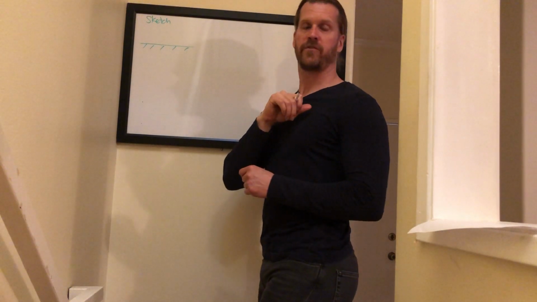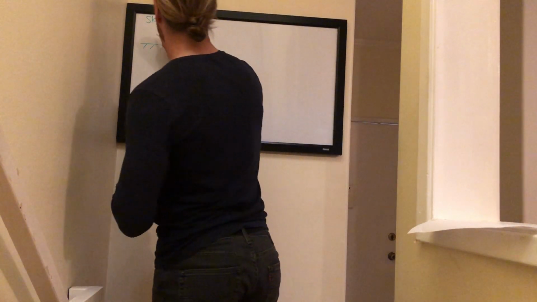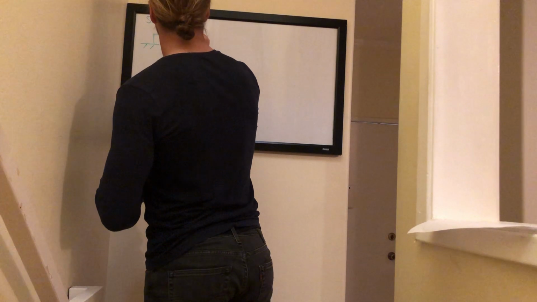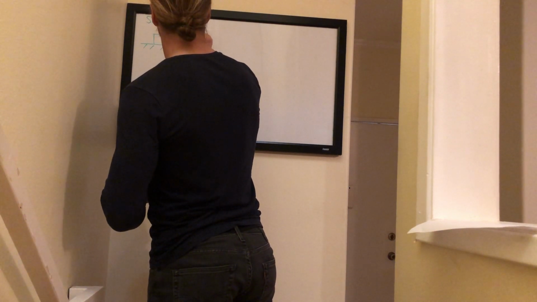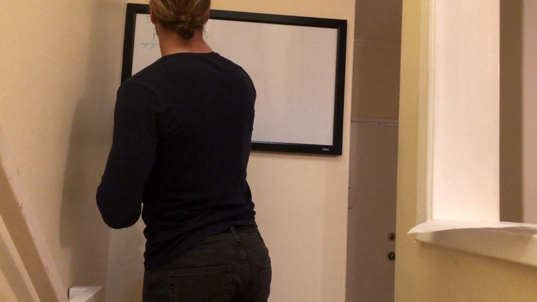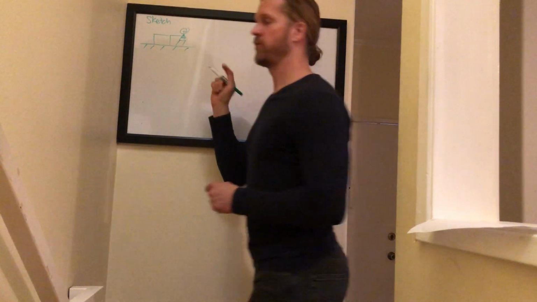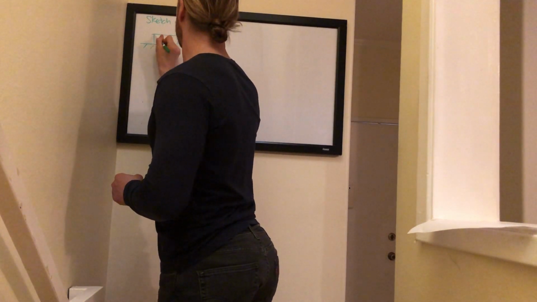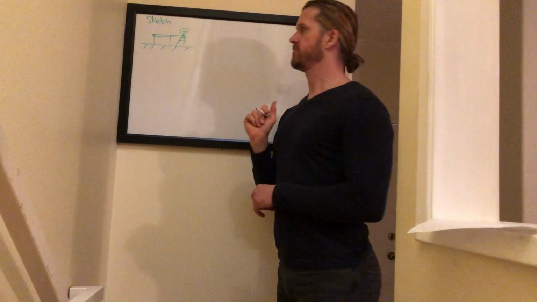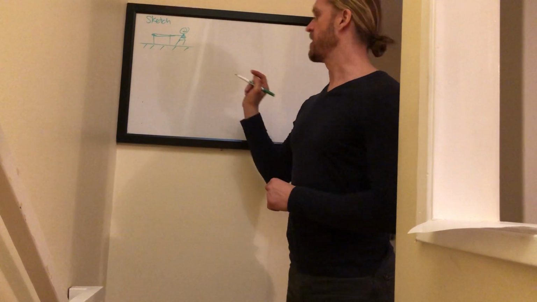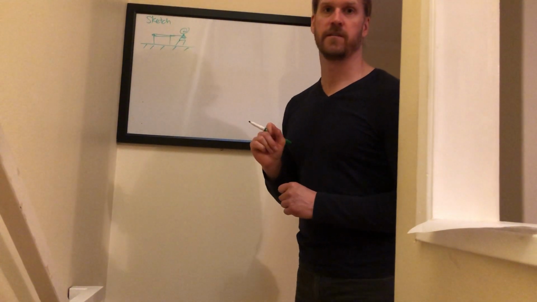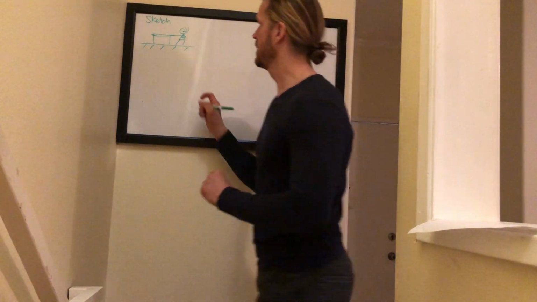Again, we're pulling a box across a floor with a horizontal rope. So just like problem 3, except this time, we'll consider the friction between the box and the floor.